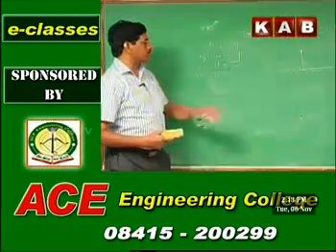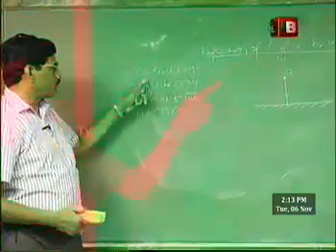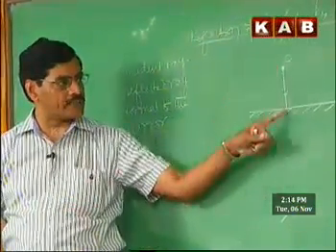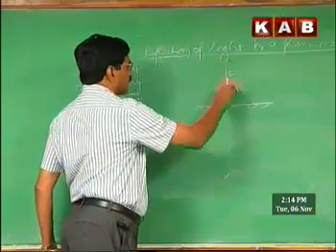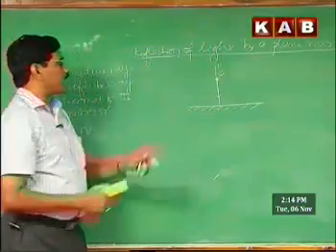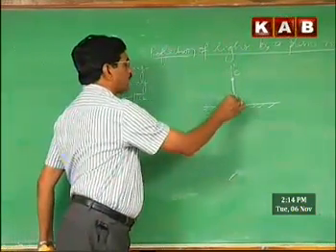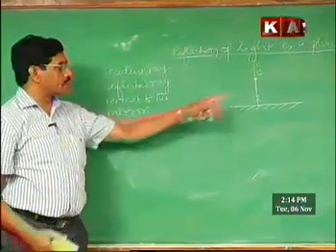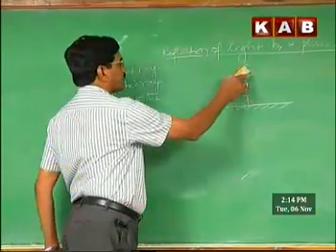The angle of incidence is the angle between the incident ray and the normal to the mirror. Here the normal is drawn. Therefore the angle between the incident ray and the normal is 0, so the angle of reflection is also 0. This ray simply turns back. So this is the reflected ray.